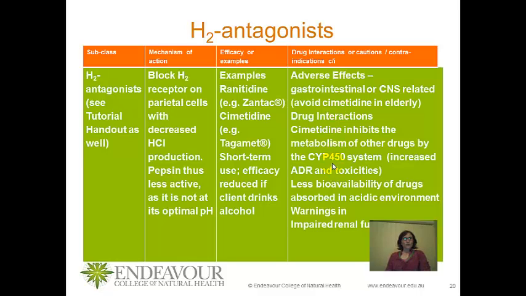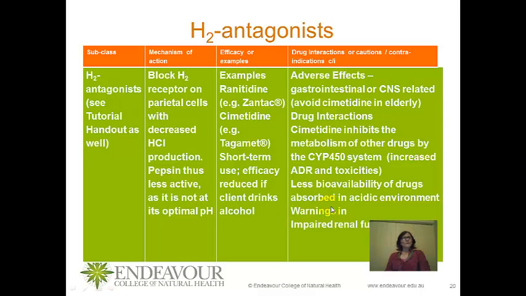They do interact once again with a range of other drugs, and there is a pharmacokinetic interaction, cimetidine inhibiting certain CYP, a system of isoenzymes, and because the metabolizing enzymes are decreased, the levels of these drugs are higher in the plasma, so there's a greater risk of adverse drug reactions and toxicities.